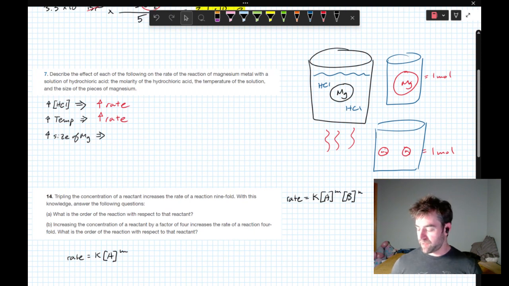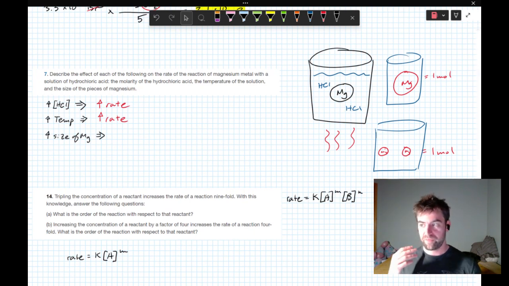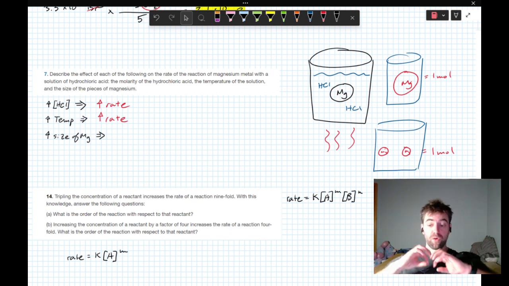This one might be a little tricky, but for me thinking about this, it's simply about surface area, right? If you have many small pieces, or more surface area around the material for the hydrogen chlorides to collide with, then you're going to have more collisions and you're going to have a faster reaction.